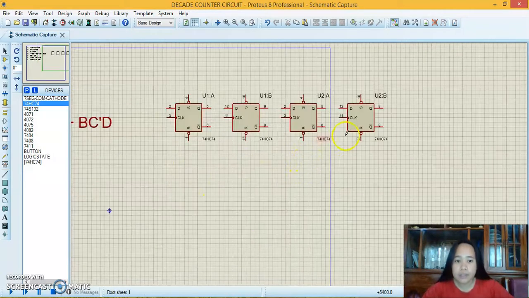By the way, this one is our A and this one B, C, D. Let us connect this to here. And this one.